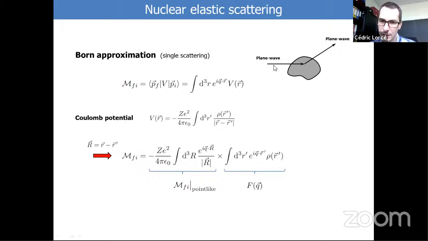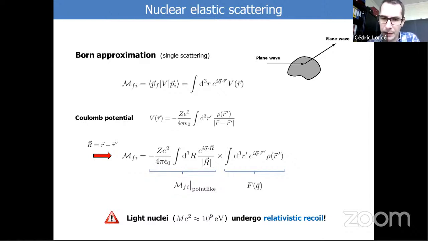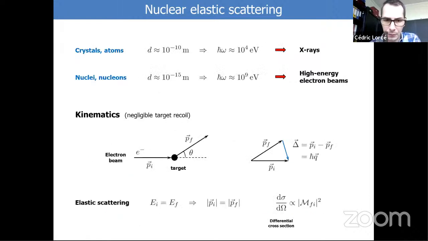You measure the scattered electron, and by a Fourier transform, you can get information about the charge distribution you have over here, with the restriction that you assume that you have only single scattering here. There's also one point that we have to be careful about, which is that this is fine as long as you can neglect recoil. We have assumed, remember, that the target was infinitely massive, so you have no recoil.